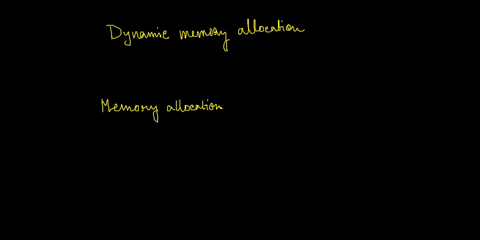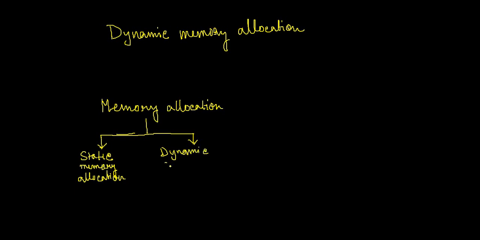Now this memory is allocated actually in two different ways. The one we call static memory allocation, and one we call dynamic memory allocation.